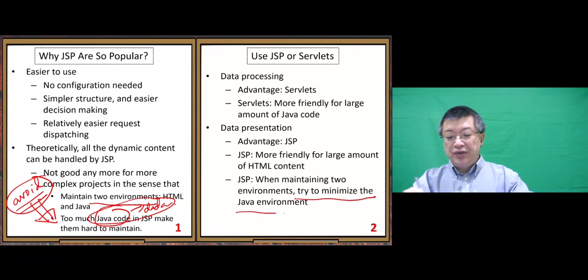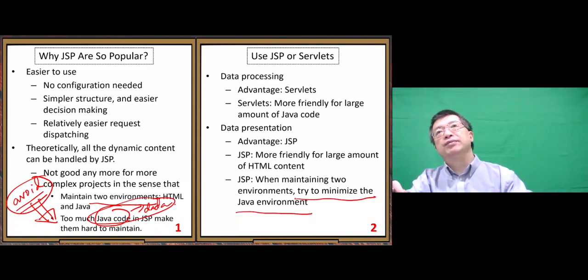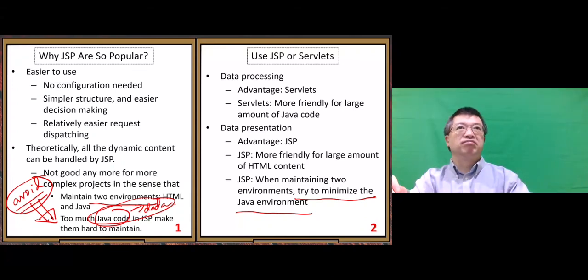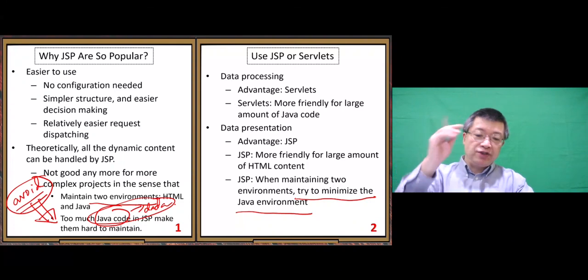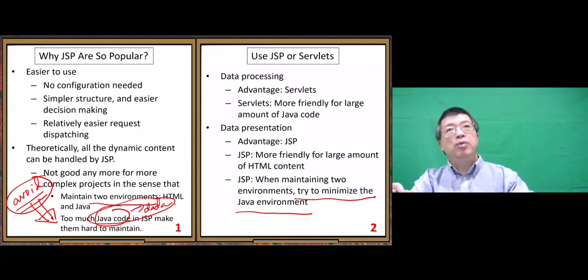Later, we will learn several ways to minimize the Java environment. Java Bean is one way. There is another way, a very special way in JSP. We will learn it later. All right, so that's the first part, D.1.